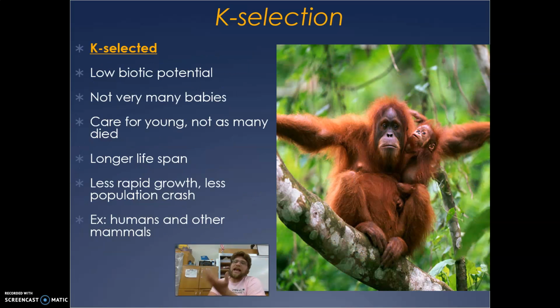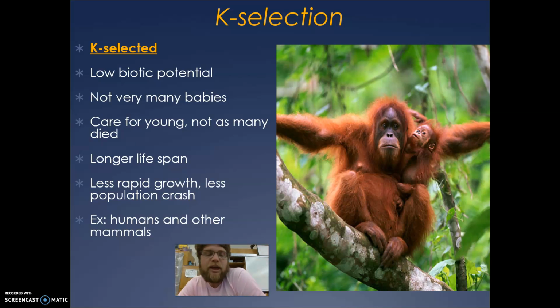Another example is K selection, okay? Humans and other mammals are like this. They have a lower biotic potential. They're not going to make a whole lot of babies at once. You think about humans, it's 1, maybe 2, 3, 8 if it's like a really crazy low probability example. Most times 1, compared to millions for insects.